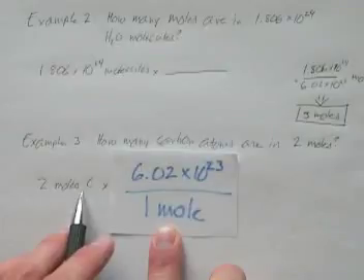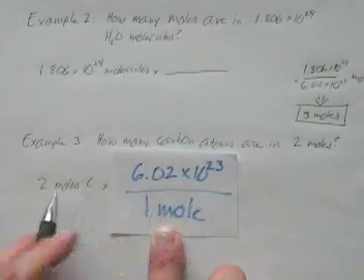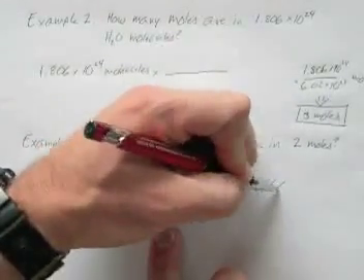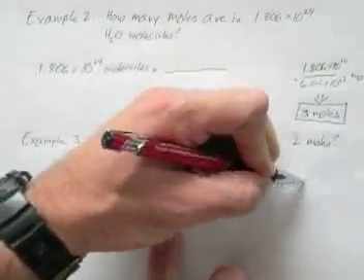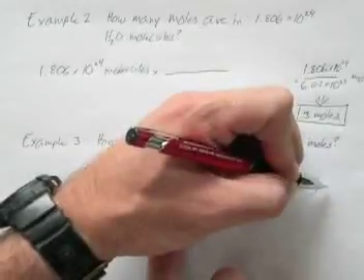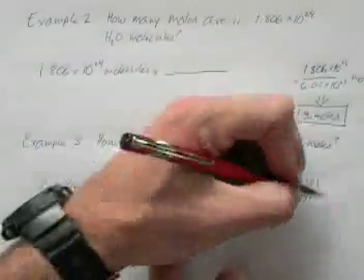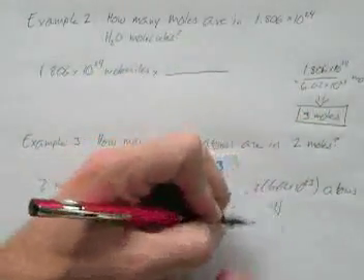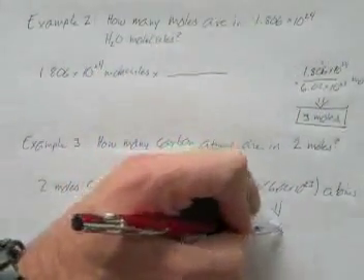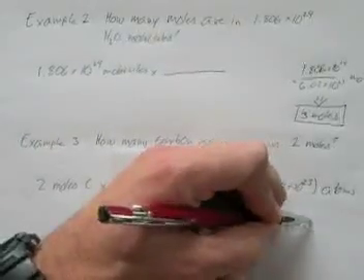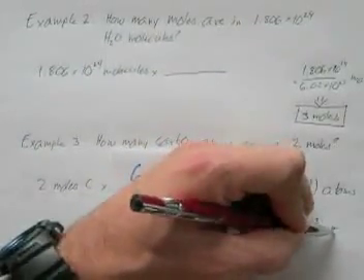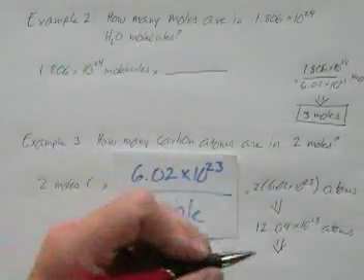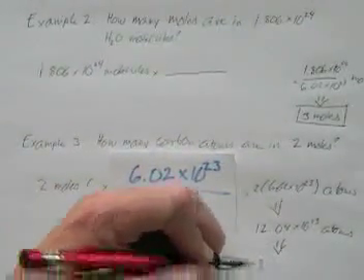If I have 2 moles of carbon, multiplied by this conversion factor, my moles will cancel. My answer will be 2 times 6.02 times 10 to the 23rd representative particles, in this case atoms, giving me 12.04 times 10 to the 23rd atoms, which I put in the correct form when I move the decimal over one place.